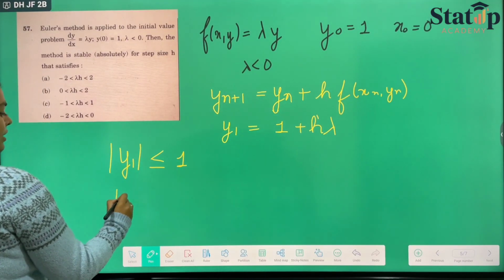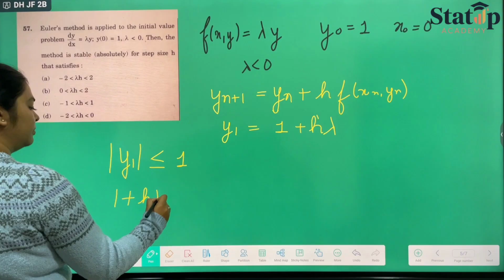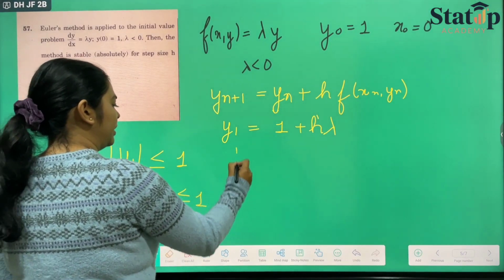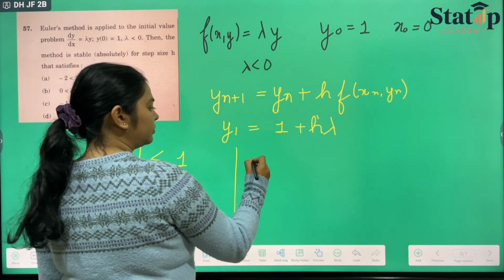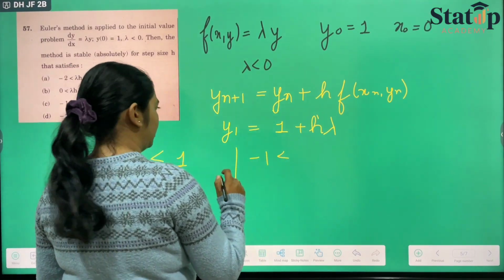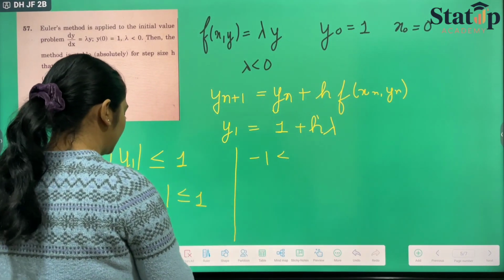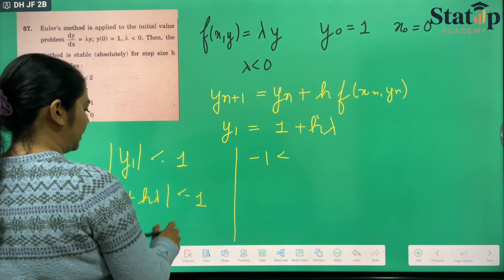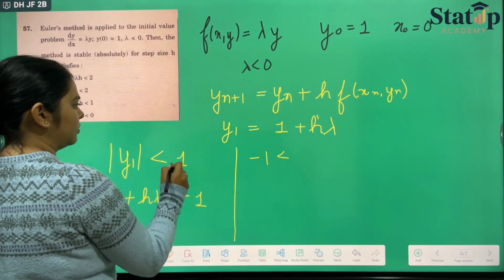Putting the values here, the modulus of 1 plus h lambda is less than or equal to 1. Then we can say that minus 1 is less than, not equal to, 1 plus h lambda, which is less than 1.